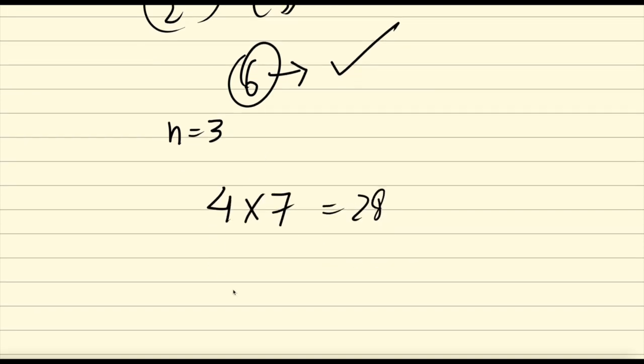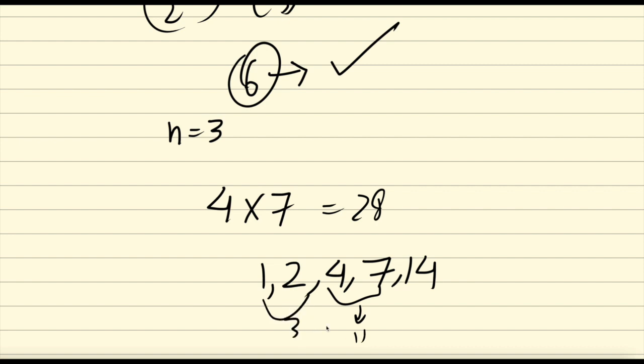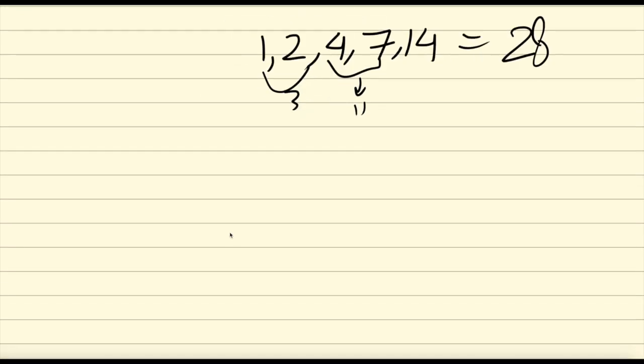All its factors are 1, 2, 4, 7, 14. This gives 11, 11 plus 3 plus 14 is 28. Okay, so yeah, that's all about Mersenne primes and perfect numbers.